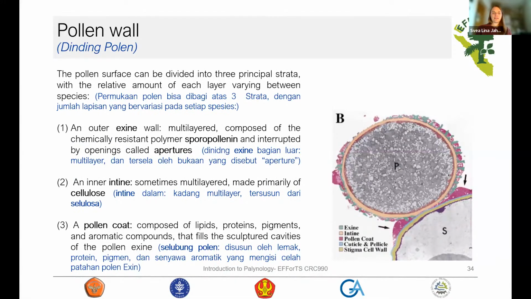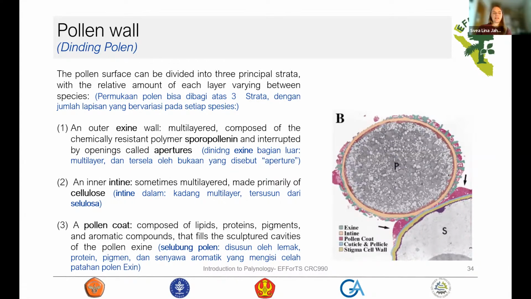So we have this outer exine wall, which is often multi-layered and is mostly composed out of this chemically resistant polymer, which is the sporopollenin, and which also contains our apertures and all these different morphological features.